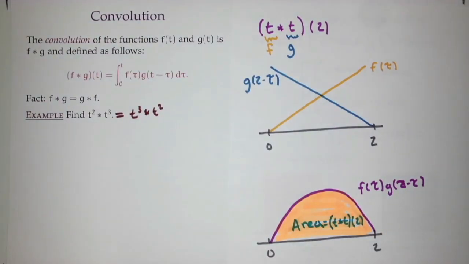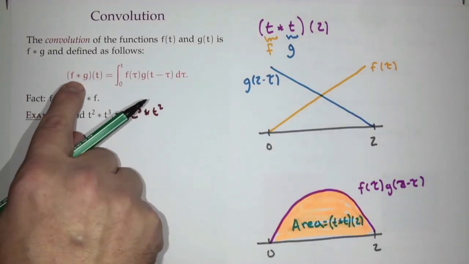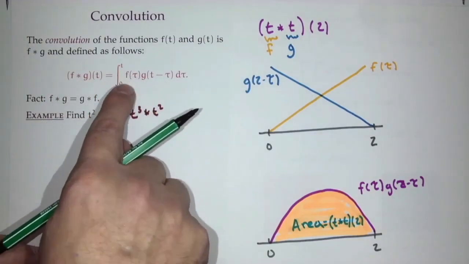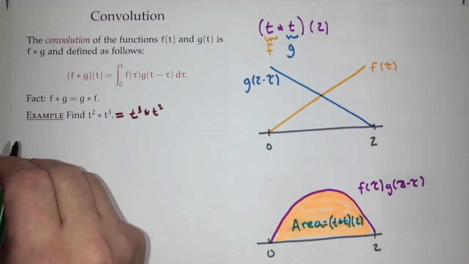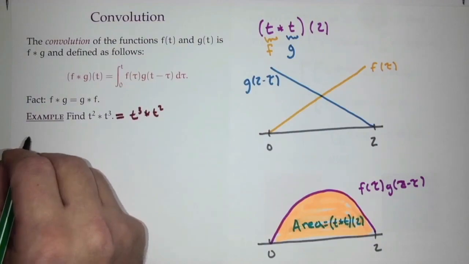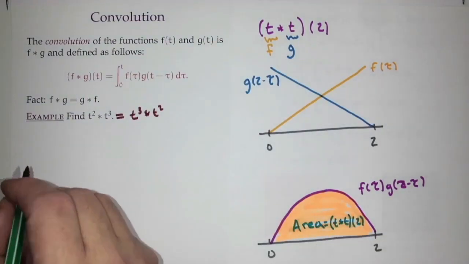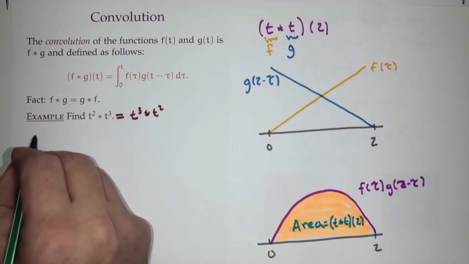I do want to be really quick here, because the punchline is that convolution is this weird way of multiplying. This is how you should think of it: you're multiplying the two functions to produce a new function, but it's the right way to multiply when it comes to the transform. All right, so here we go.